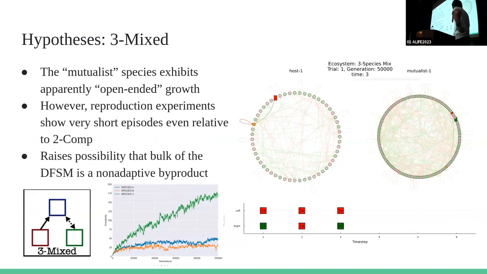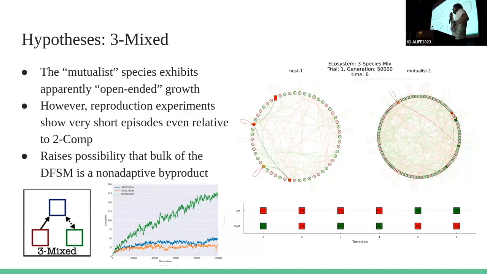Now, the 3 species mixed was the most notable entry in the group, where it was hypothesized that we saw some sort of open-ended characteristics of the system, in particular in the mutualist species. So we could think of that as being like the orchid in the prior example given before.